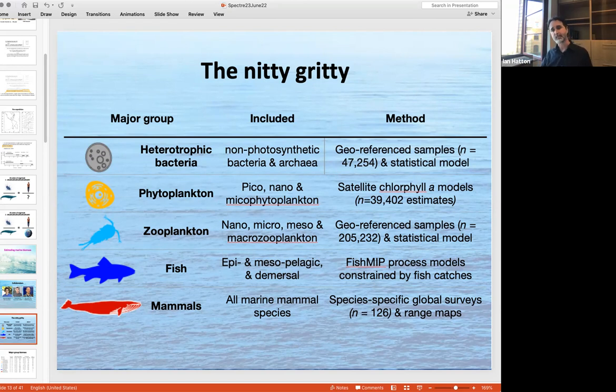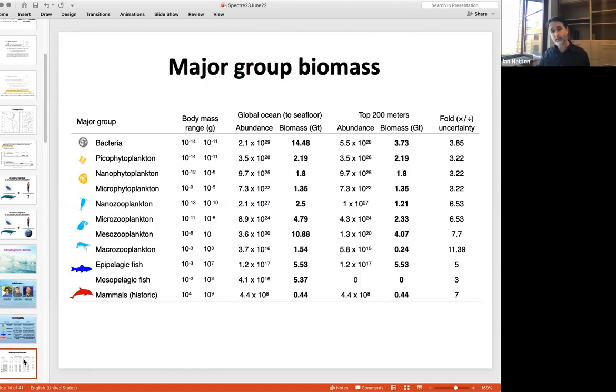Both models gave similar biomass, and so we took the mean. And finally, for mammals, we used species-specific global surveys for the majority of the 126 marine mammal species. Mostly this data was drawn from IUCN, also some 250 published sources, many of which are, again, reconstructions of pristine biomass, so we just use those data. So we checked that our estimates were in line with other published global estimates for these major groups.